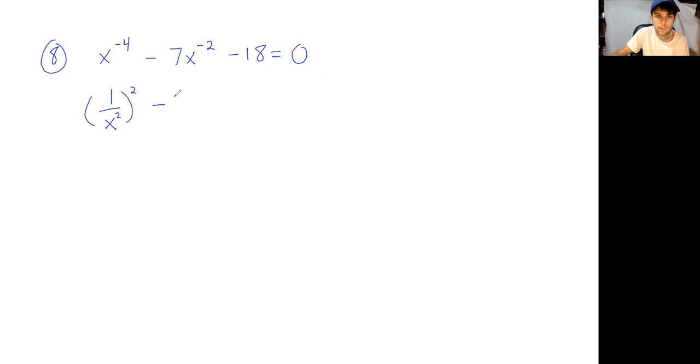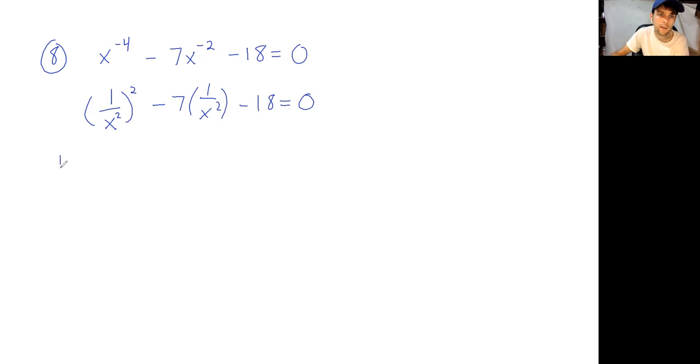And then this is really just 1 over x squared minus 18 equals 0. So by rewriting this a little bit in a fancy way, using our exponent rules, to really make sure I'm showing that I have a function that's in common, and in this case it's squared, we can see that it is indeed in quadratic form.